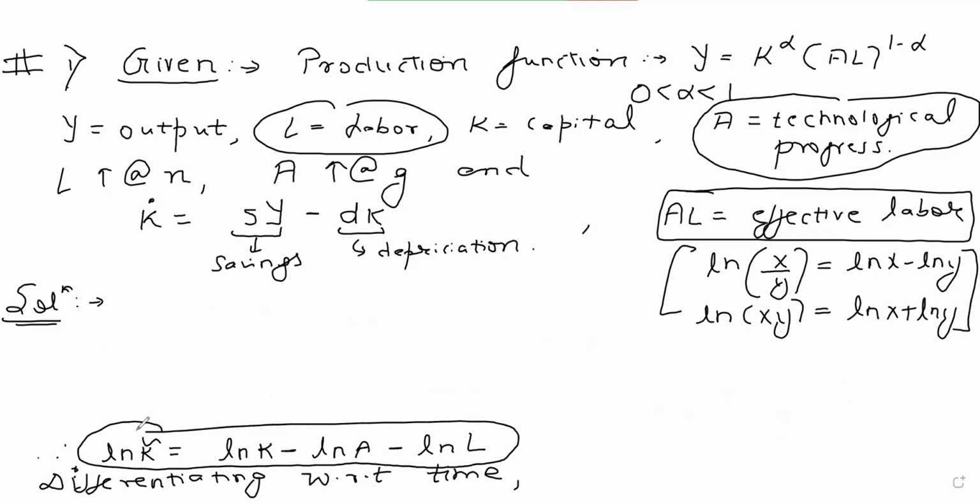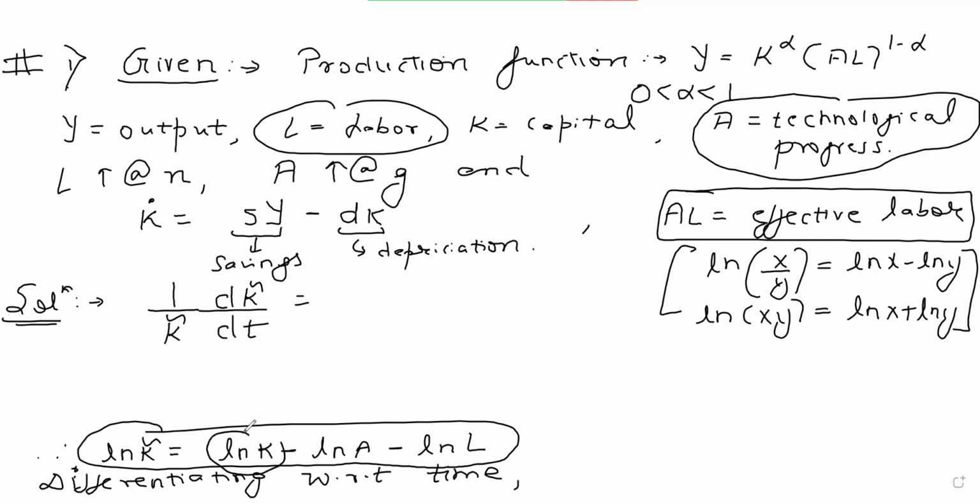What's the derivative of ln k tilde? 1 over k tilde times the derivative of k tilde with respect to time, which is dk tilde by dt. Remember, the derivative of ln k tilde is 1 over k tilde times the derivative of k tilde, which is dk tilde by dt. It's called the chain rule of differentiation.